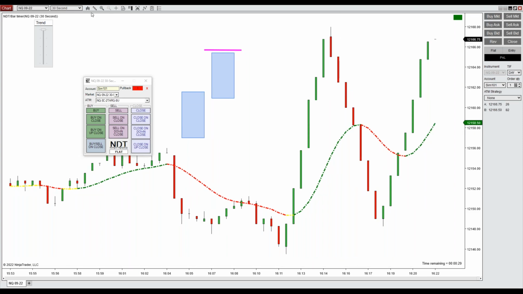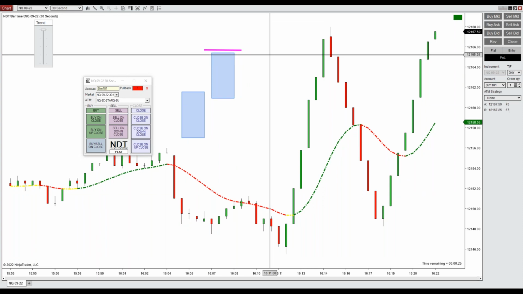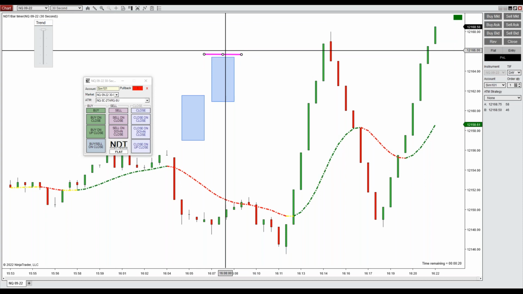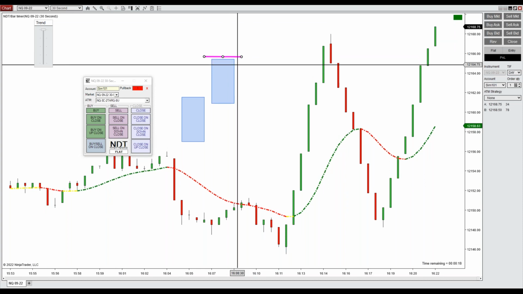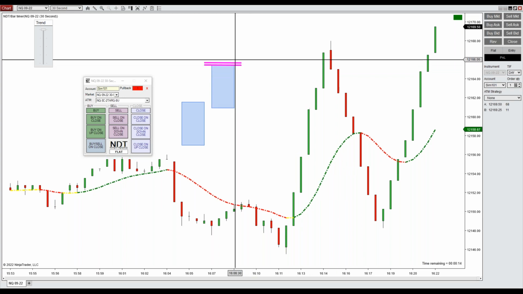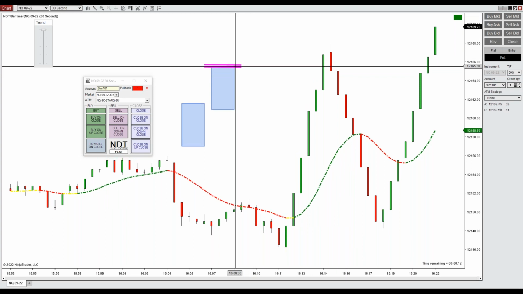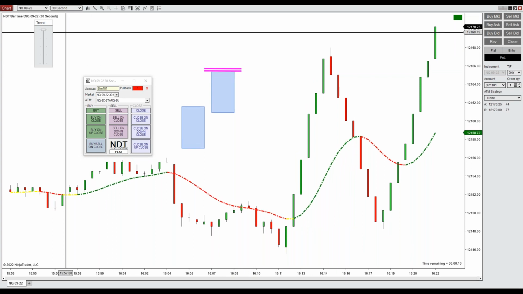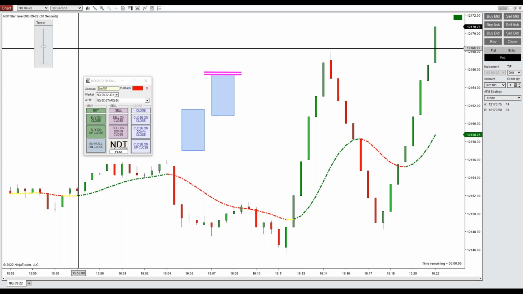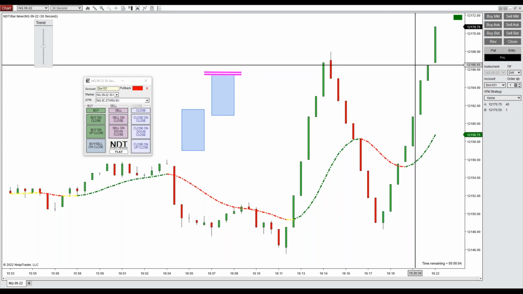Now, when you put that -1 in, what you're saying is the trade is going to trigger here, but it's going to execute here. So the trade has to come back. Let me move this to break even, so it doesn't knock us off the chart.